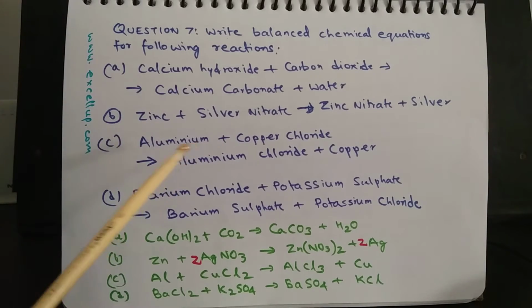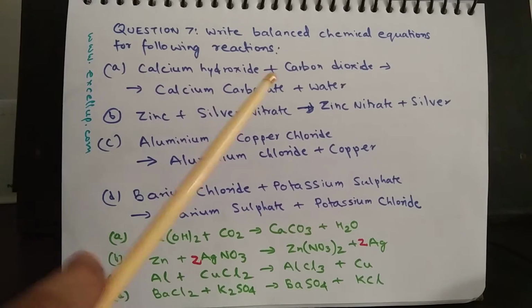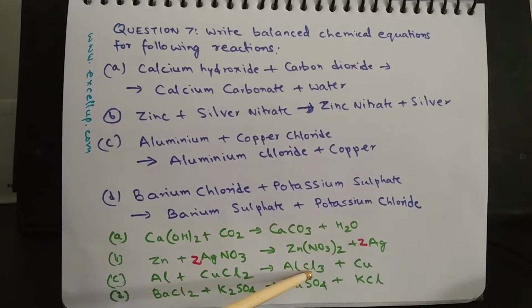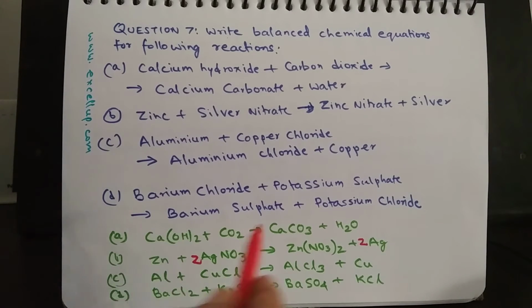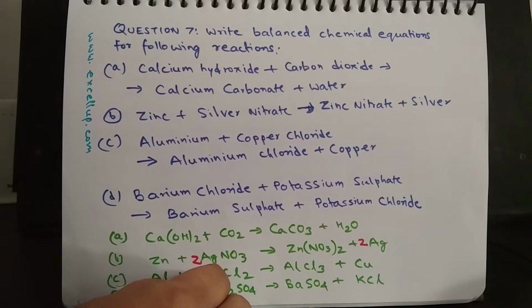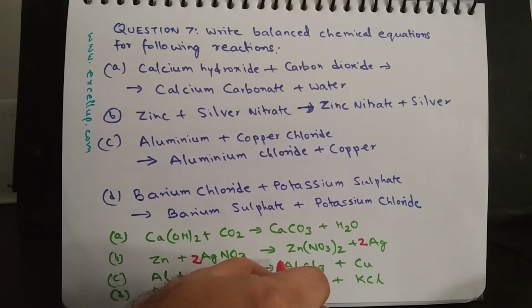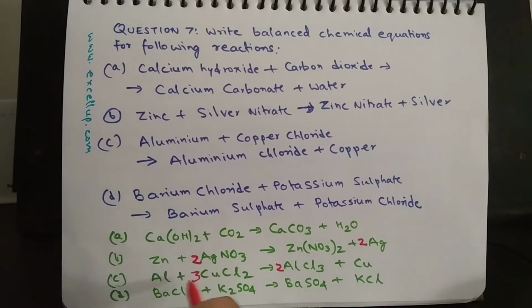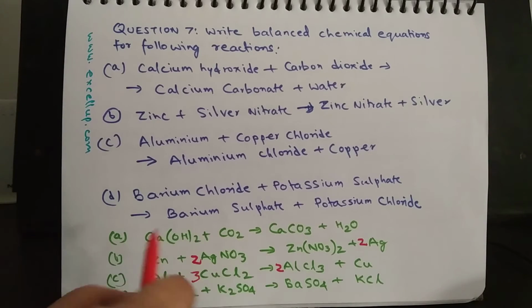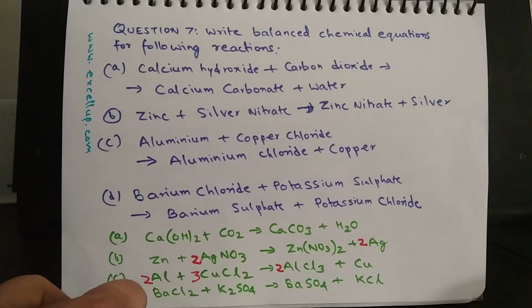Aluminium plus copper chloride is equal to aluminium chloride plus copper. The equation is Al plus CuCl2 is equal to AlCl3 plus Cu. Now here is the difference. 3 atoms of chlorine here, 2 atoms of chlorine there. So in order to balance this, I will put 3 over here and 2 over here. Now we have 6 atoms of chlorine on both sides. Now here are 2 atoms of aluminium, so let us put 2 over here.